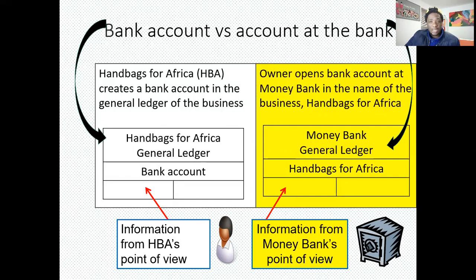So they're going to keep a liability, and we know that liabilities increase on a credit and decrease on a debit. So whenever you have a debit entry in the bank account in the ledger, you should have a credit entry in the bank statement.